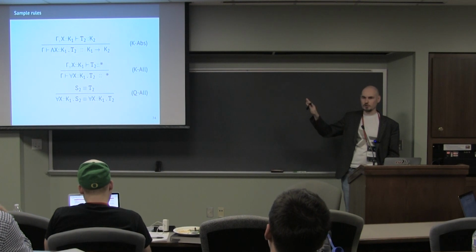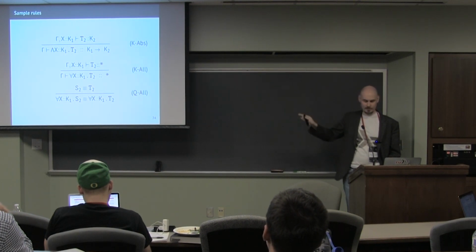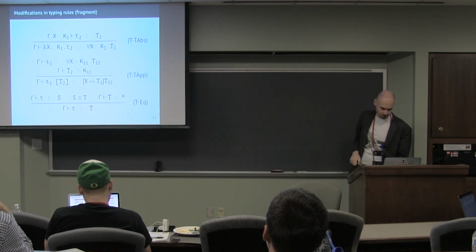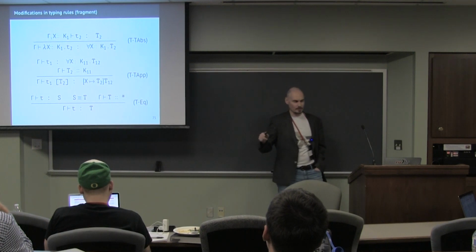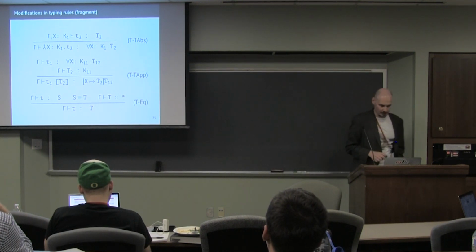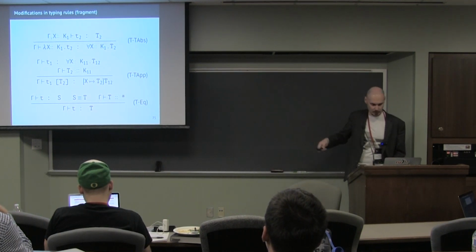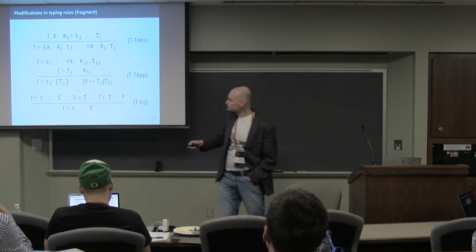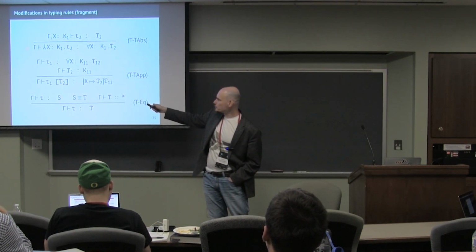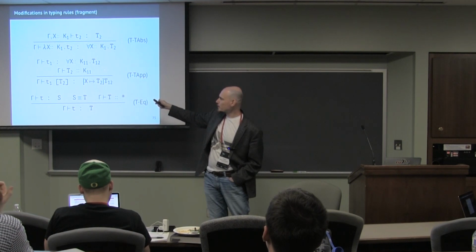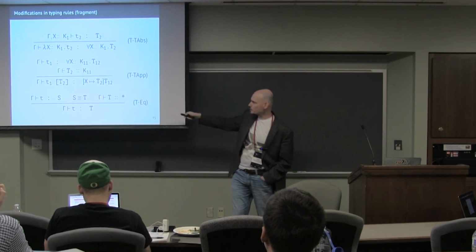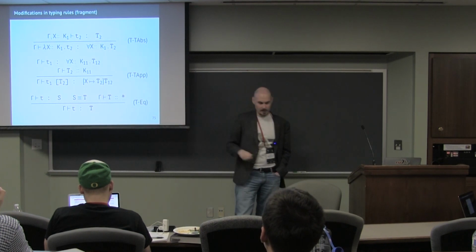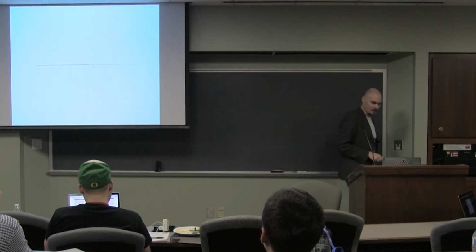I don't want you to follow them or think about them, but we have them in this system. Then we also have to modify the typing rules somehow. It doesn't matter how we do that. But we have many things, and there are many things that should be done in this system for that.